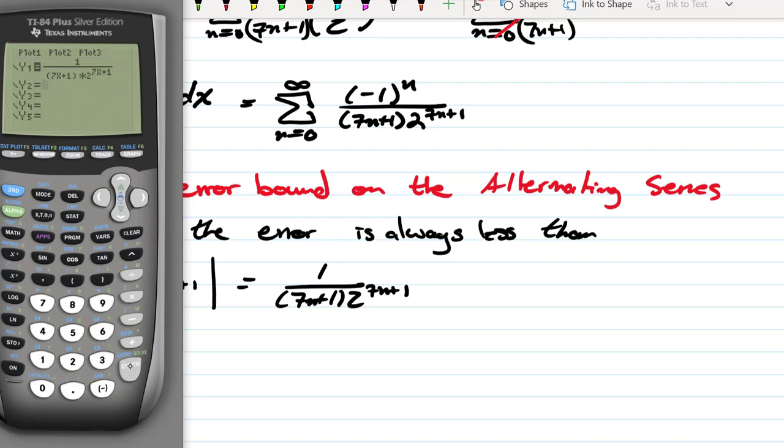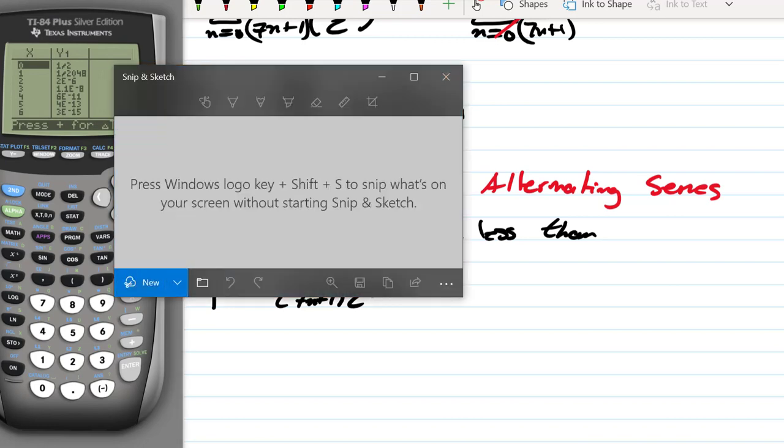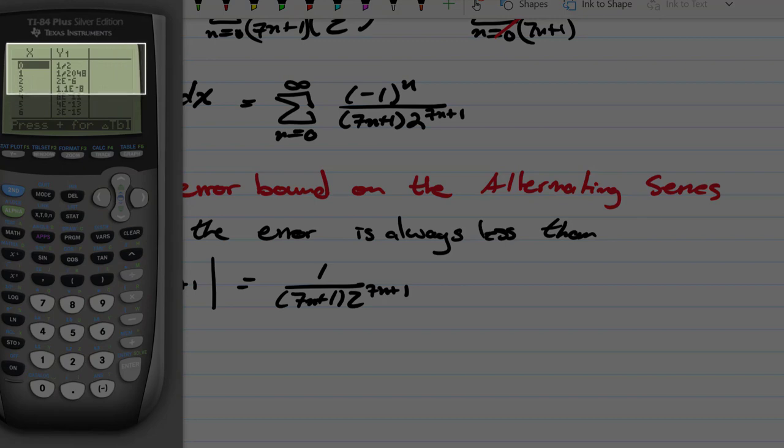So that's the absolute value of our next term. And if we try a few of these, so we go alpha trace, that gives us, that's not going to be enough. We try 2, gives us this. In fact, we'll probably just do a table. So we'll see at n equals 2, we get 10 to the 6th. So we need it less than 10 to the 7th.